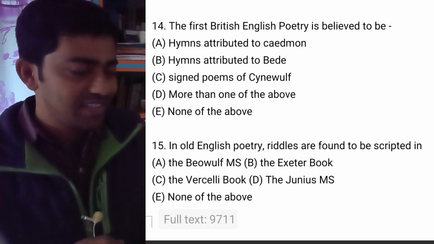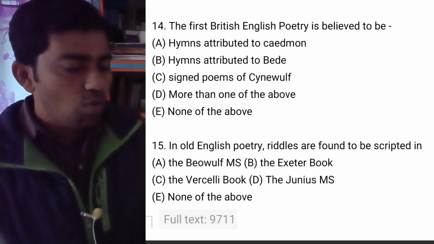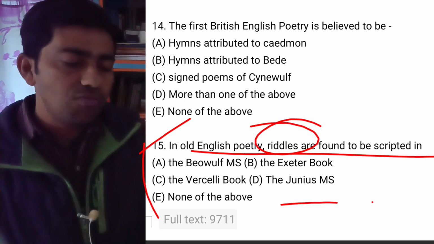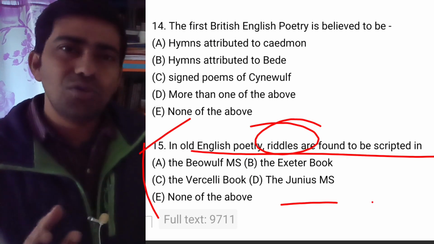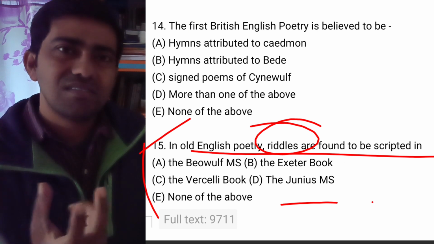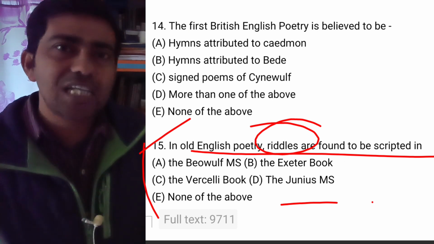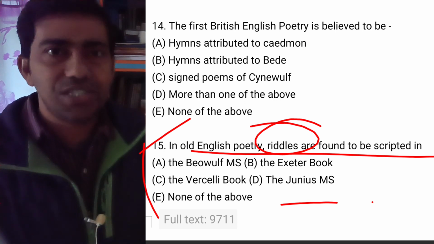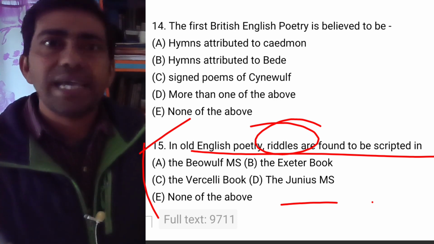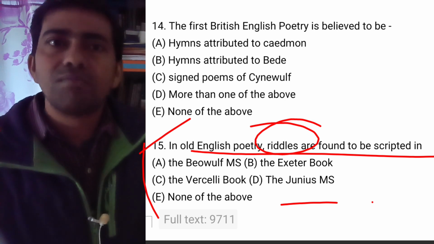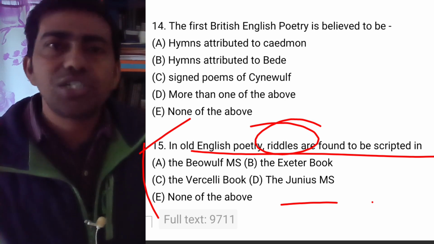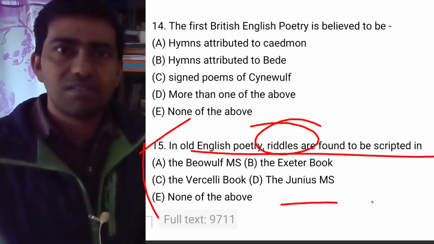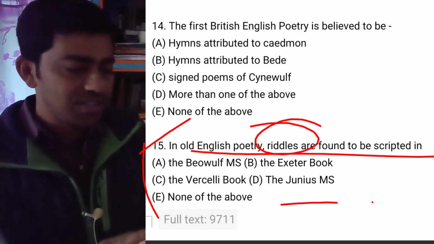All right. Number 15. In Old English poetry, riddles are found to be scripted in riddles, idiomatic expressions, and these are the stories which ended with some unfinished conclusion. They are called riddles.